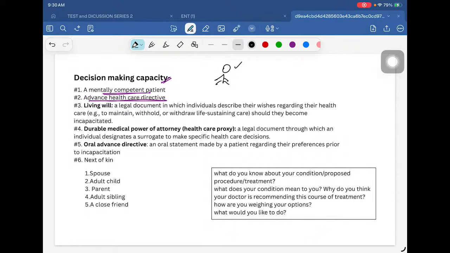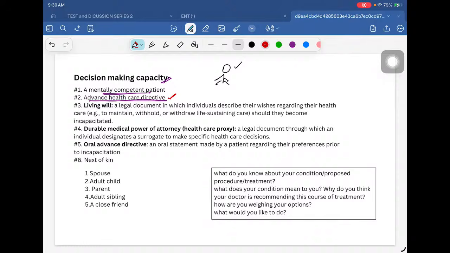But if the patient is not mentally competent, then you ask if their family members have any advanced healthcare directive, like the patient has written this is what I want you to do, DNR, or I don't want an intubation, whatever their requirements are.